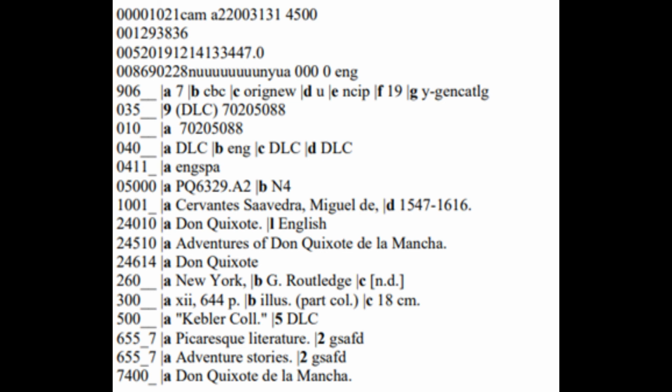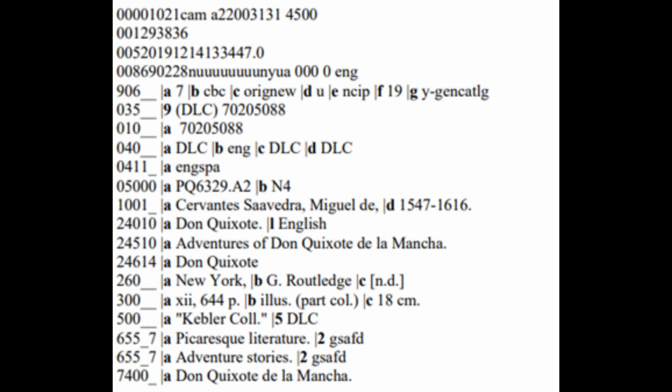Okay, then in tag 246, you have there the variant title, or you can indicate in there the title Don Quixote without the Adventures of Don Quixote de la Mancha, just straightly the Don Quixote title. So that's the variant title.